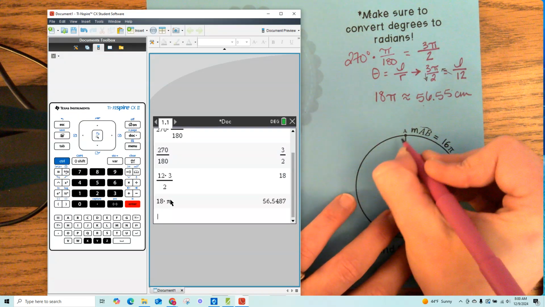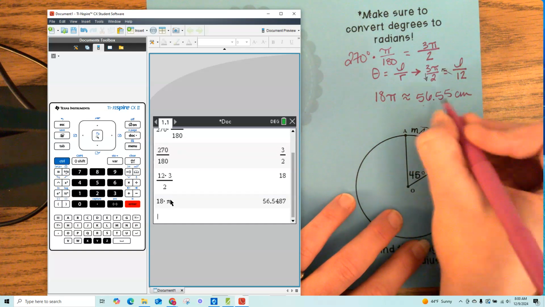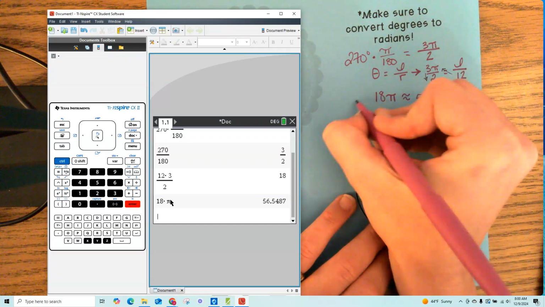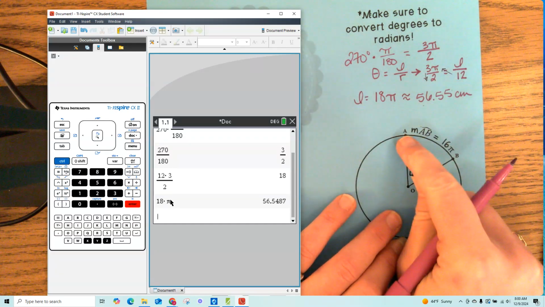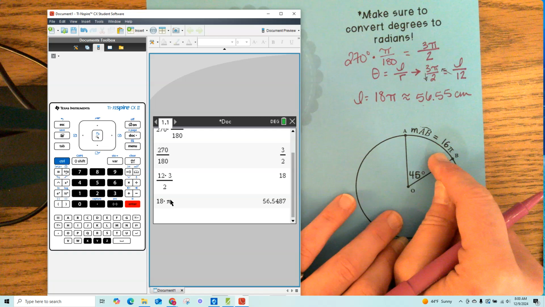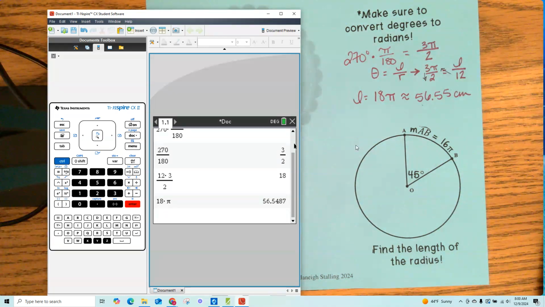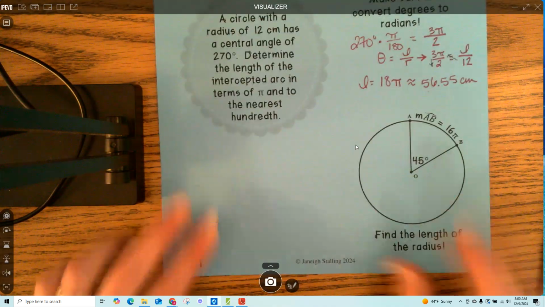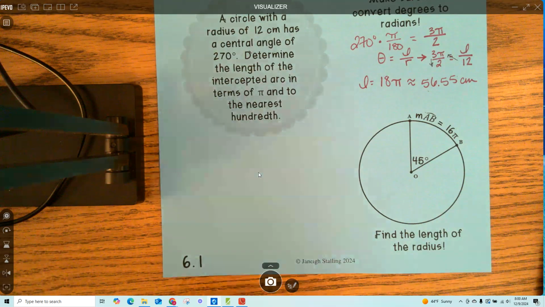If we want to know the actual distance, sometimes we need a decimal. That's the length of our arc, this piece right here, how far around the circle it is, which is what it's asking for. In the picture down here, we're finding the length of the radius.